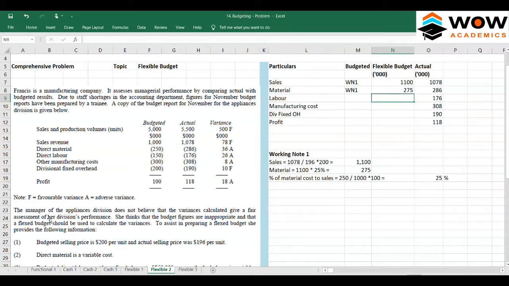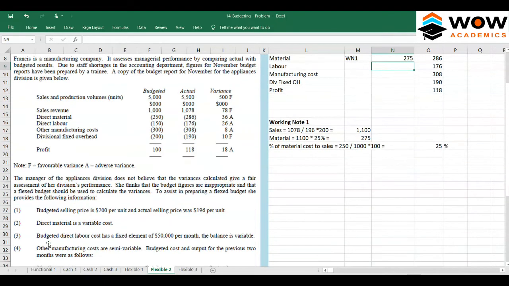So let's get labor. They tell us the budgeted labor cost has a fixed element of 50,000. The balance is variable. So we'll work out that too.